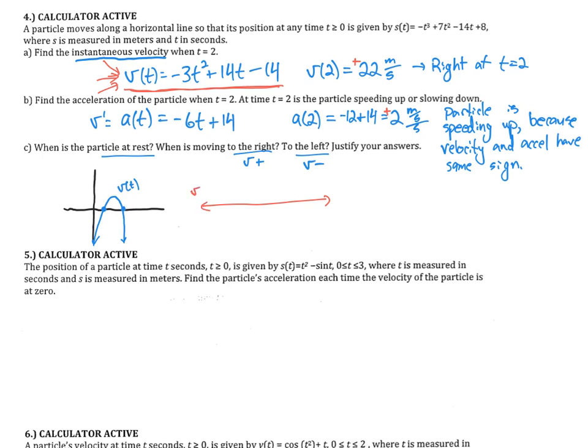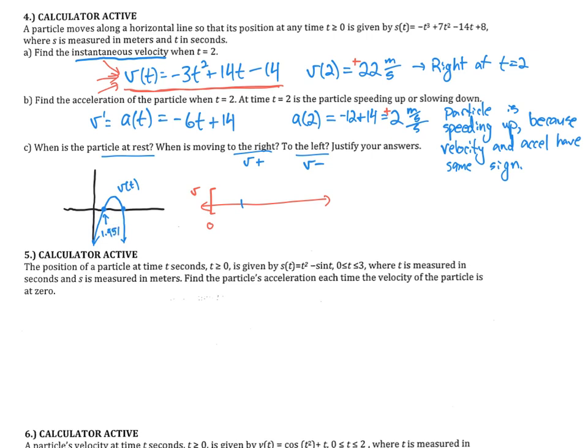So according to my velocity graph, after 0, we've got a couple places where the velocity is literally 0. The velocity is literally 0 at this point right there. And if you go into your calculator and do second calc zero, you will find that that particular zero is 1.451.